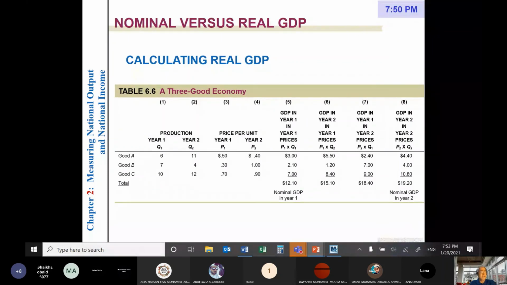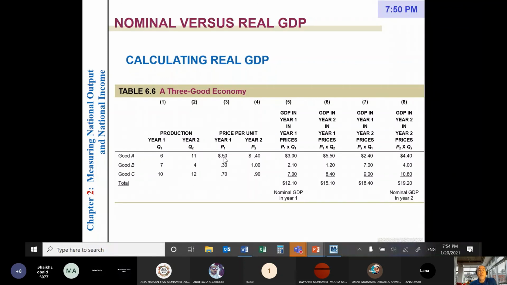What does it mean? When I calculate real GDP in year 2, I need quantity and its price. So I will use the prices of year 1 as weight to reflect the importance of each item. And then I will consider the quantities produced in year 2.